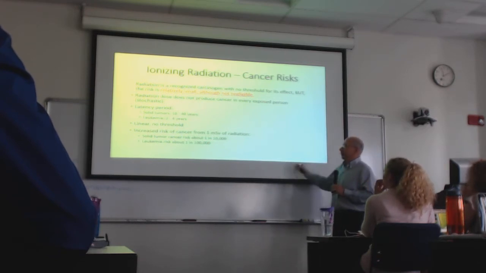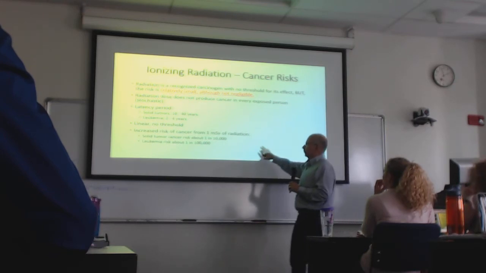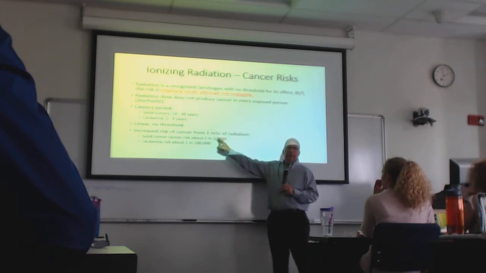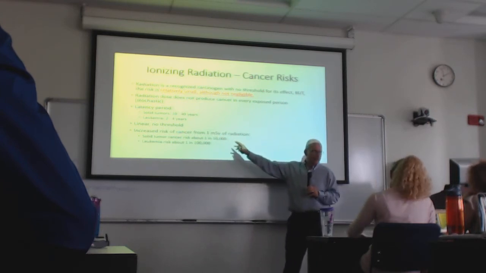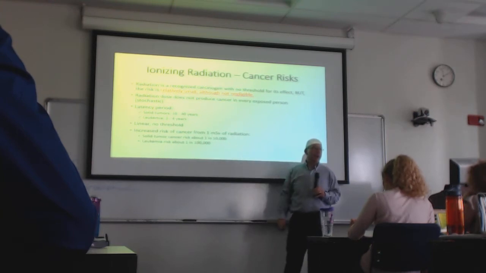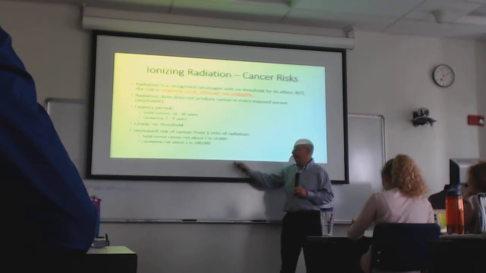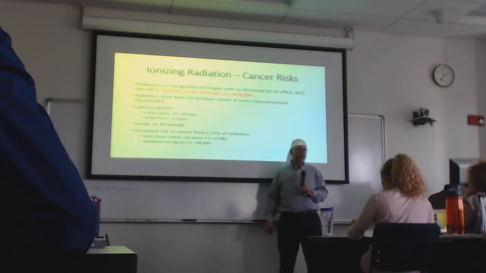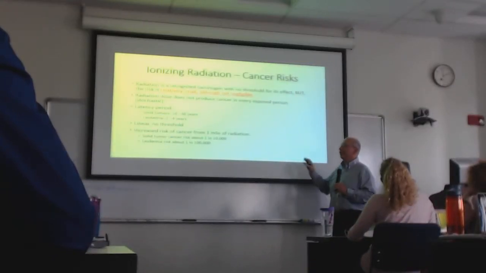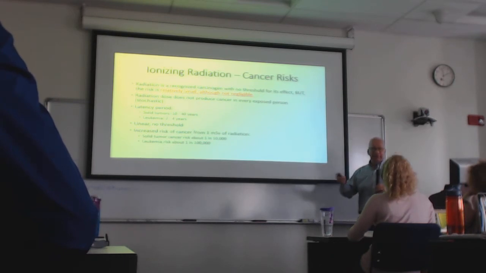And on the order of, for 1 millisievert, which would be about 10 times a chest X-ray dose, a solid tumor cancer risk is maybe increased by 1 in 10,000, and a leukemia risk maybe 1 in 100,000. But this gets very statistical very quickly, and I'm not a statistical person.